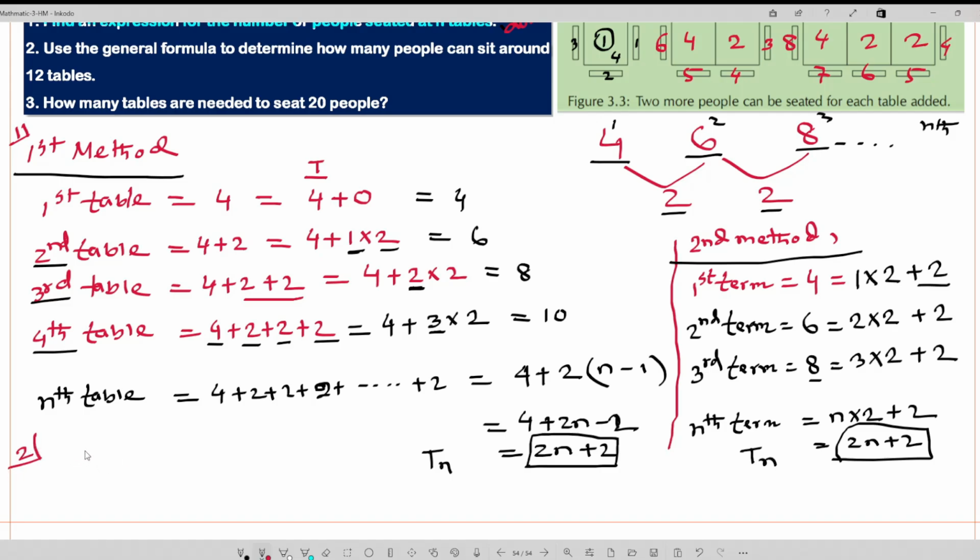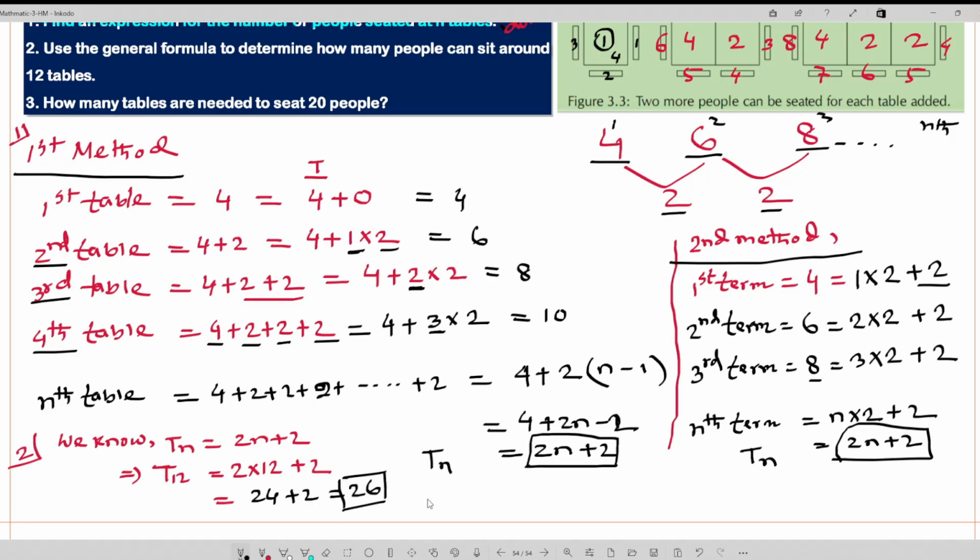So we know Tn equals 2n plus 2, then T12, it means the number of tables is 12, how many persons can sit? 2 times n, here instead of n we can write 12, plus 2. Then 12 times 2 means 24, plus 2 equals 26. So our second question answer is 26.